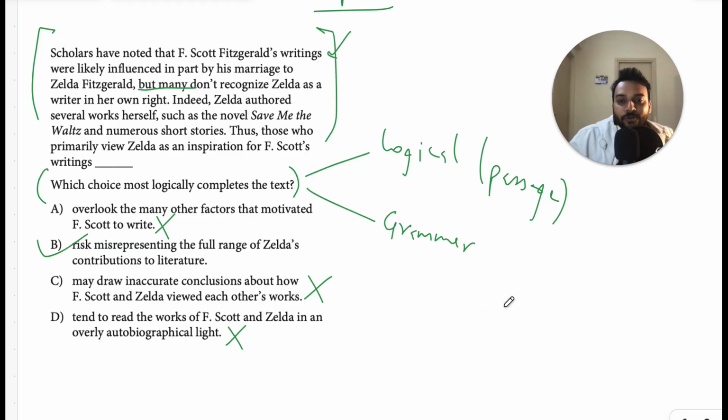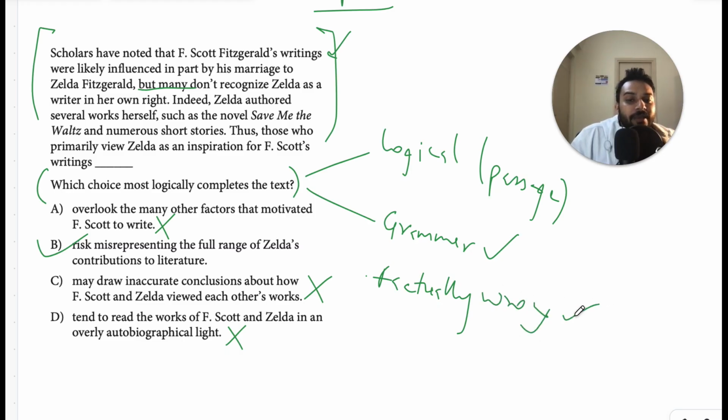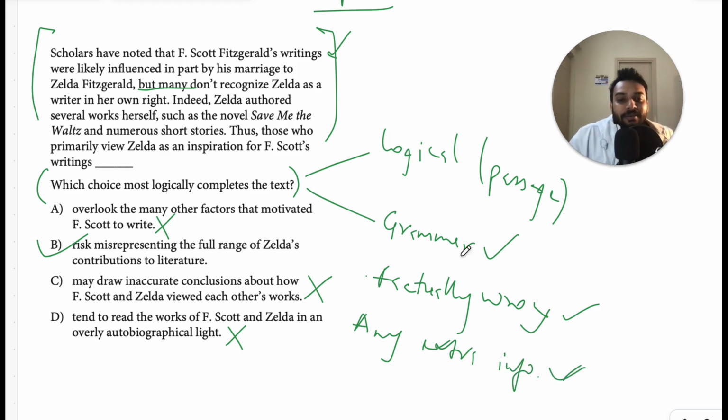Also eliminate the grammatically wrong statements. Factually wrong ones, which represent information opposite of what's written, would be eliminated. What else do you eliminate? Any extra information, eliminate. You don't need any of these.